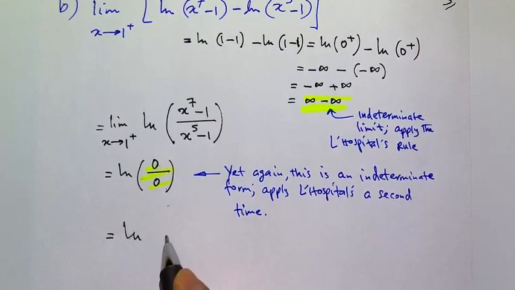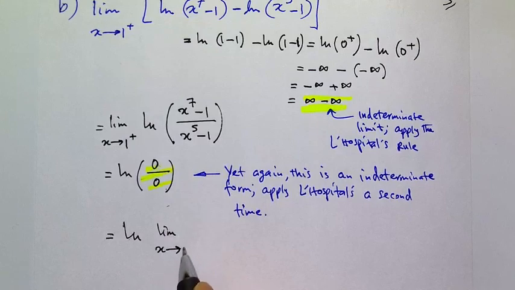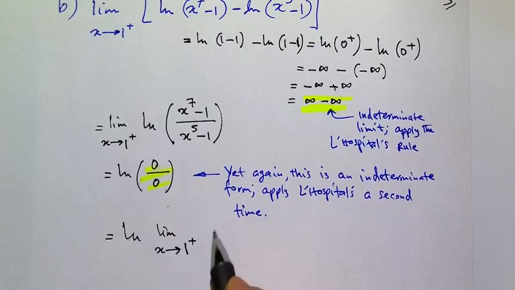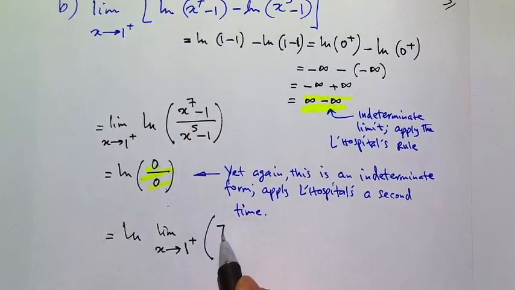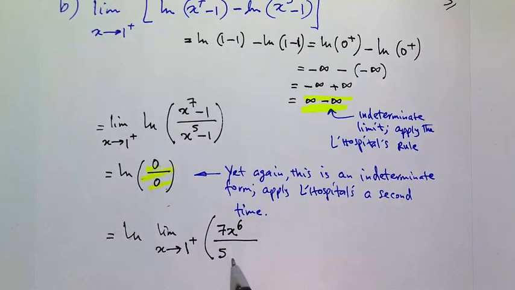So natural log of the limit of that expression as x goes to 1 from the right-hand side, and then take the derivative of that, 7 times x to the 6th power divided by 5 times x to the 4th power, right?